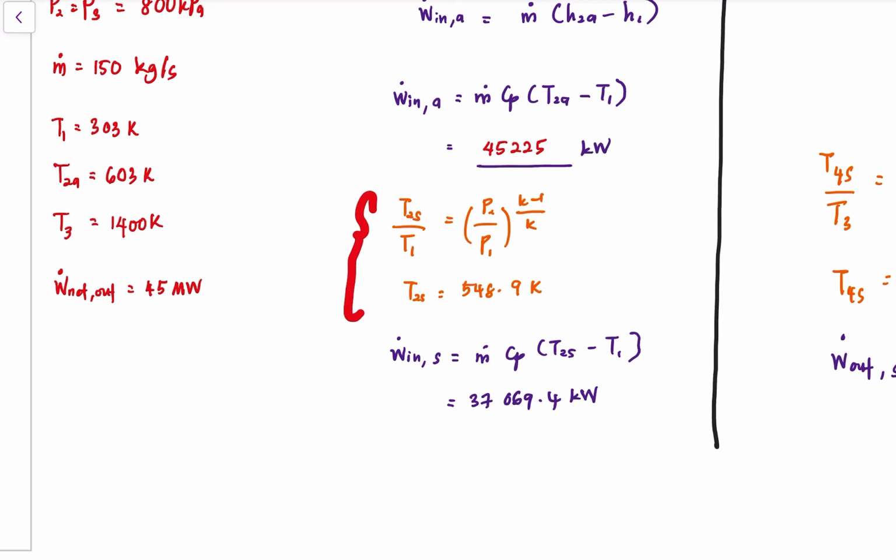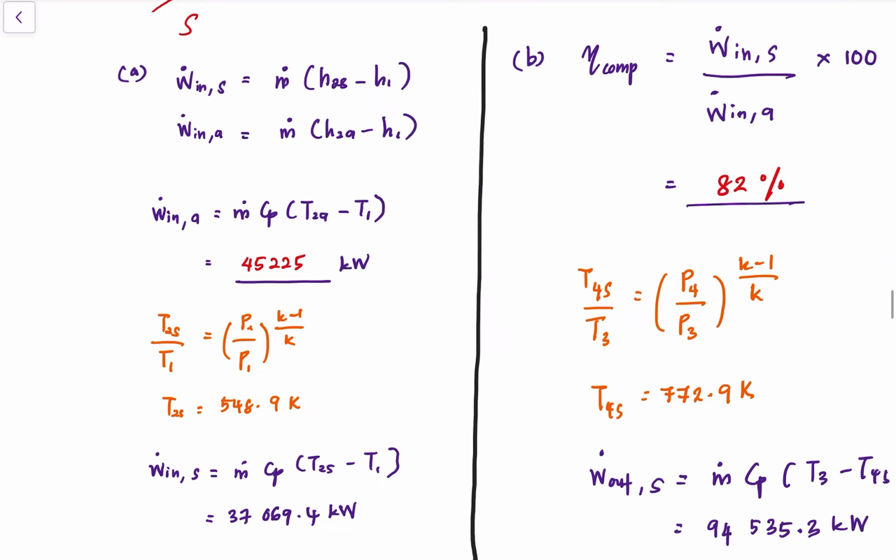If you forgot this relation, you can always refer to the appendix that will be given in your final examination. Once you obtain T2S, you can substitute that value to determine the ideal power input by the compressor, and you will get this value. Now you have the actual power input and also the ideal power input by the compressor.